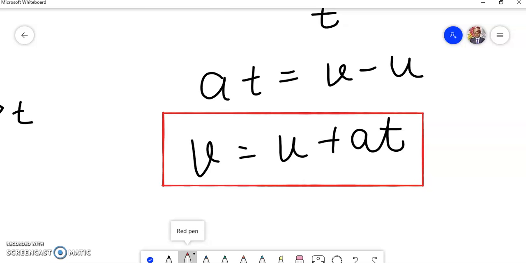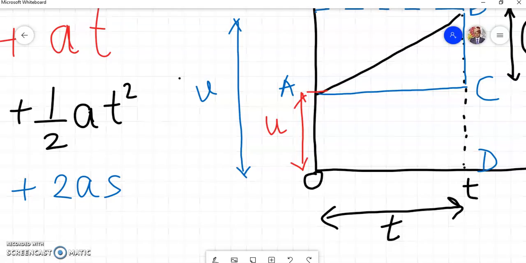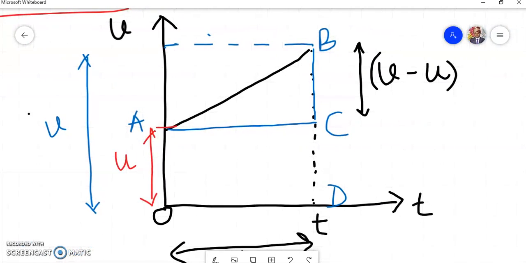Now we will go for the second one. As you can see, we have proved this first equation v is equal to u plus at. How have we proved it? We only found the slope of this curve. We found the slope of this line and obtained the first equation.